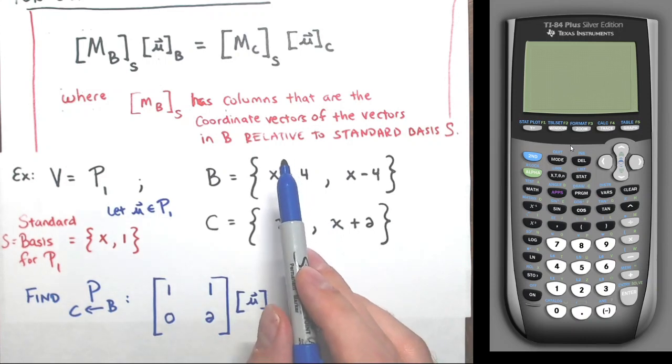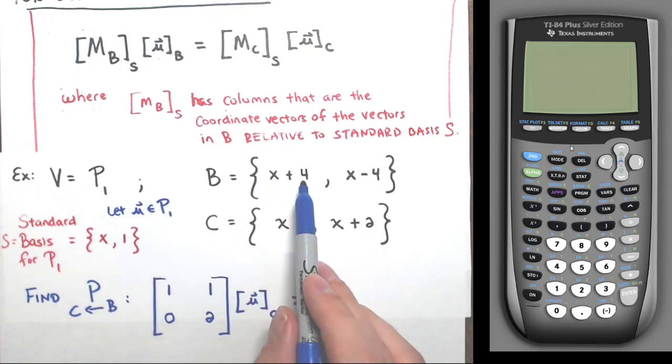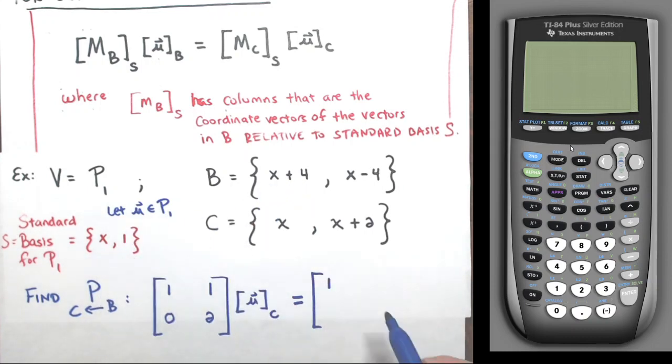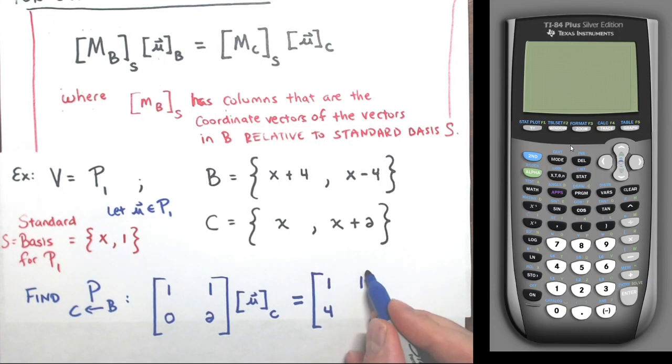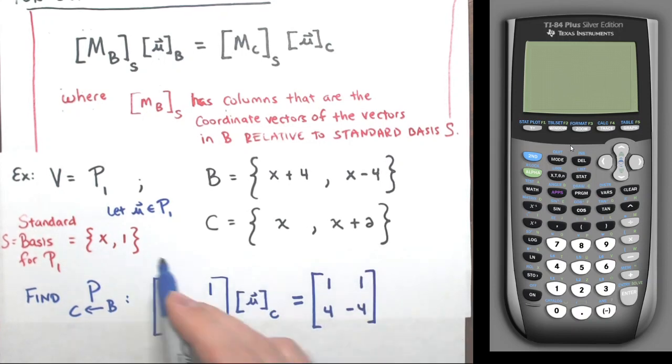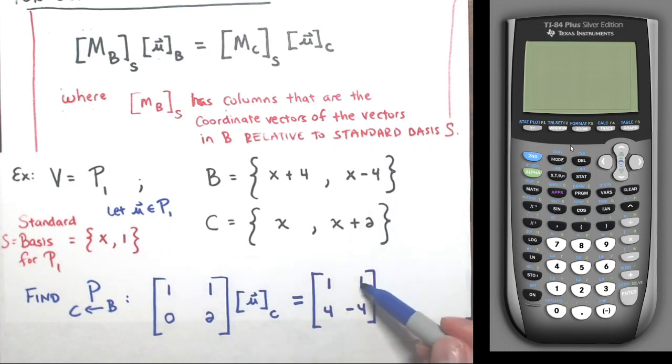I'm writing the coordinates of x plus 4 with respect to the standard basis. So x plus 4 is one of the x's plus 4 of the 1's. So the coordinates with respect to the standard basis are 1 and 4. And then x minus 4 is 1x and then negative 4 of the 1's. So the coordinates of that second vector in B are 1, negative 4 with respect to the standard basis, and then times the coordinates of u with respect to basis B.